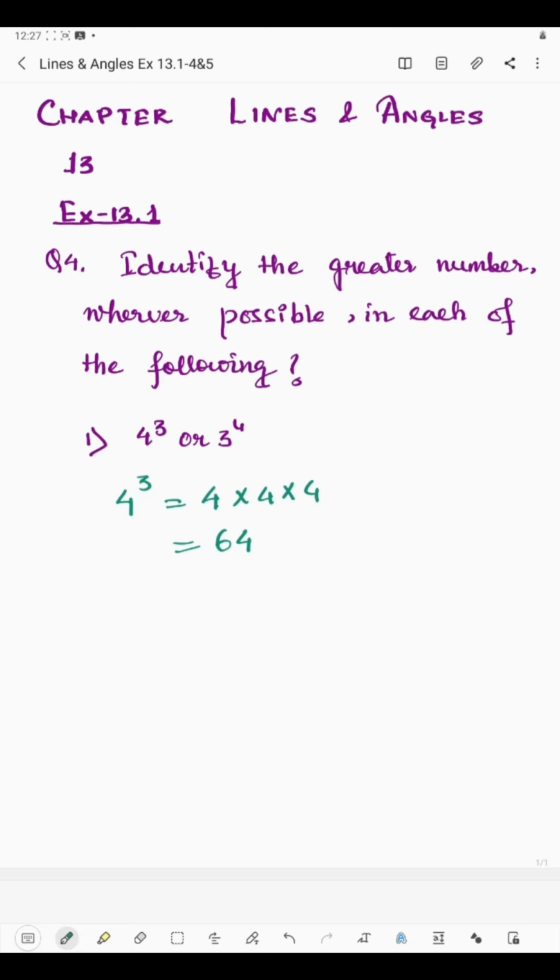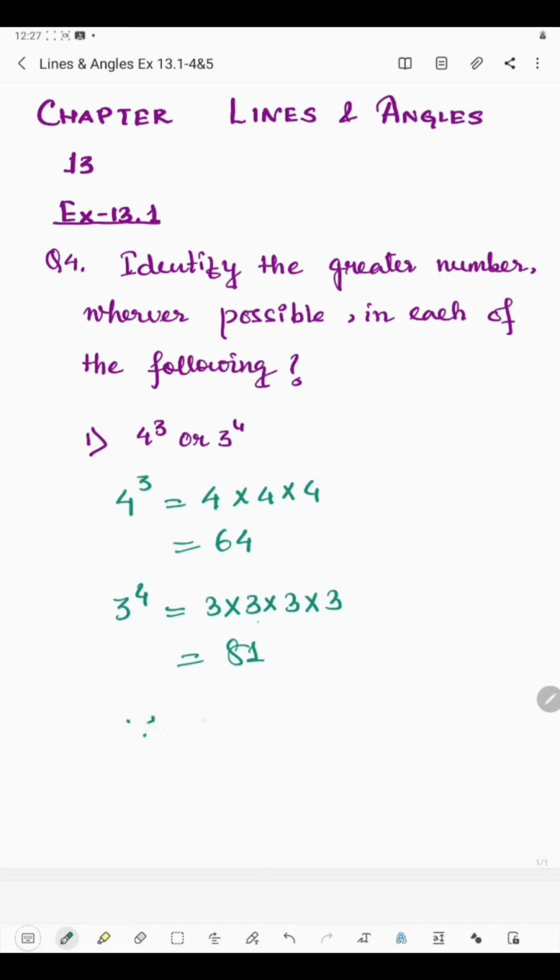Okay. Now 3 raised to the power 4. Here since the power is 4, we will write the base 4 times. So 1, 2, 3, 4. 3 3s are 9, 9 3s are 27, 27 3s are 81. Okay. Now we can compare these two values.